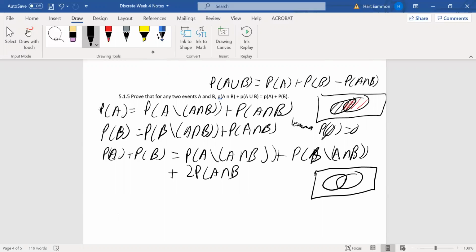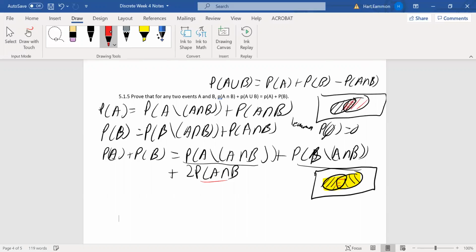This whole area is A union B. This right here is this set, this right here is this set, and then we have the intersection.